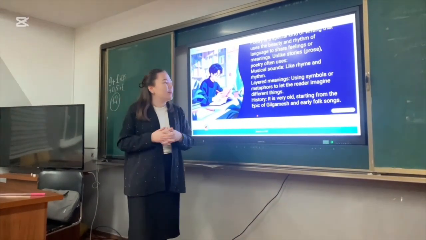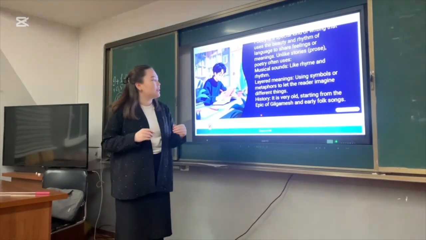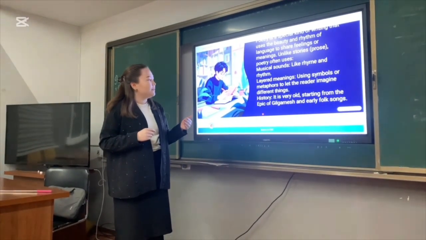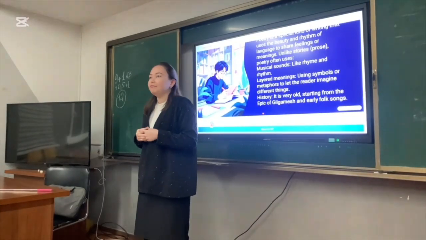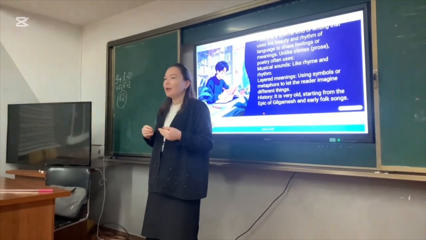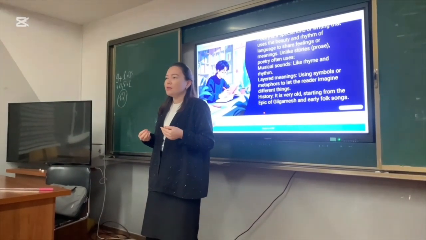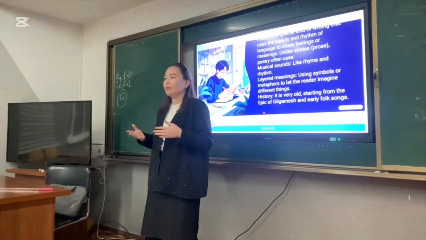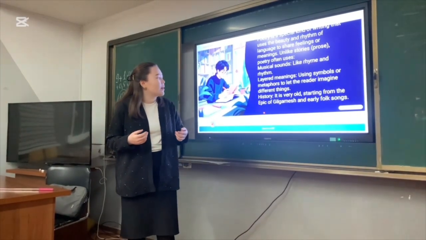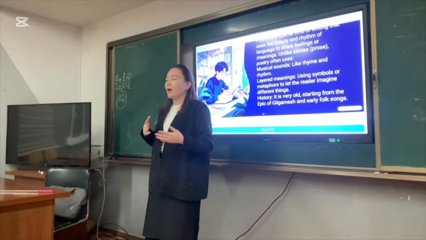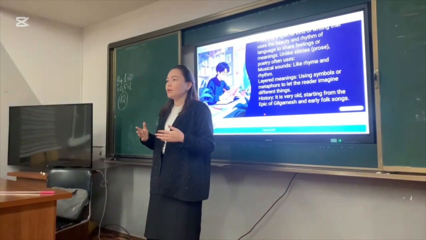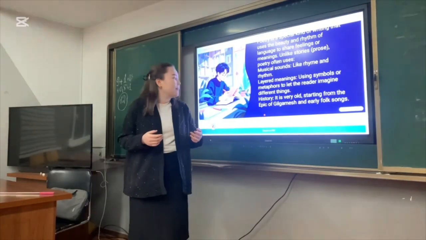Next is layered meaning, using symbols or metaphors to let the readers imagine different things. Symbols, for example, roses represent purity and love. Next is metaphor. Metaphor means comparing two things without using the words as and like.